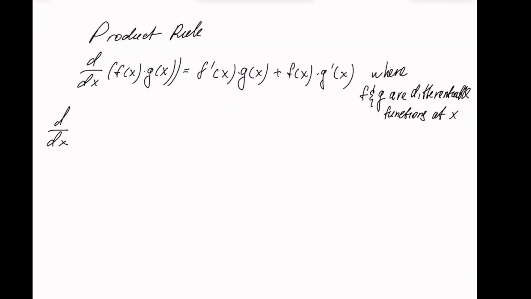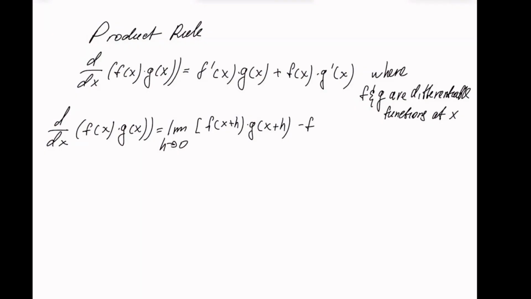So to find the derivative of f of x times g of x, we will be using again the limit definition. So we have limit as h approaches 0 of f of x plus h times g of x plus h minus f of x times g of x divided by h.